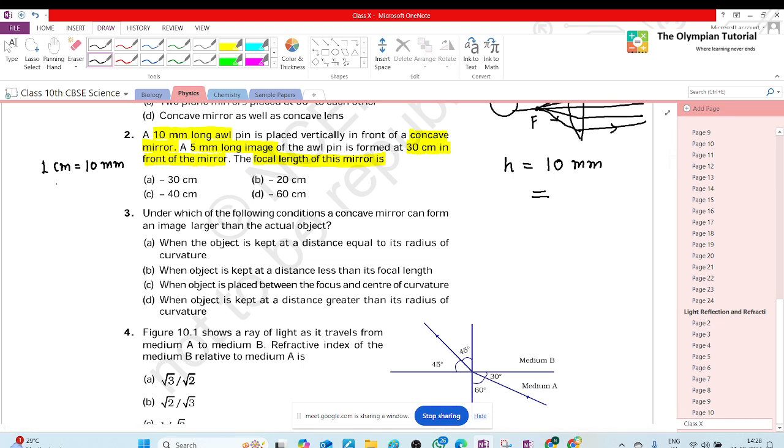Actually, centimeter is a greater unit than the millimeter. It is like meter, then decimeter, then centimeter, then millimeter. So 1 meter is 100 centimeter, 1 meter is 1000 millimeter, and 1 centimeter is equal to 10 millimeter.